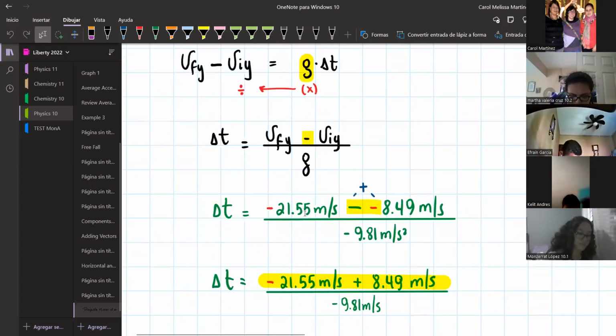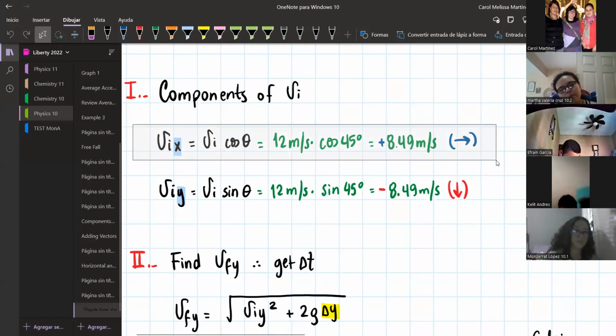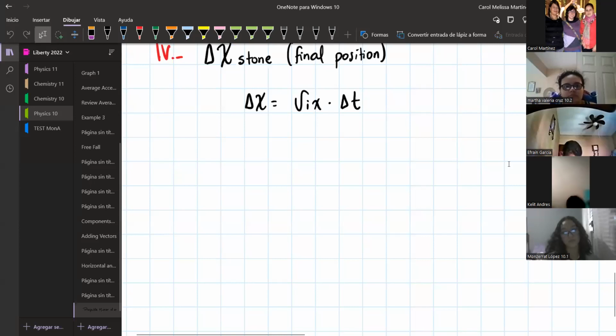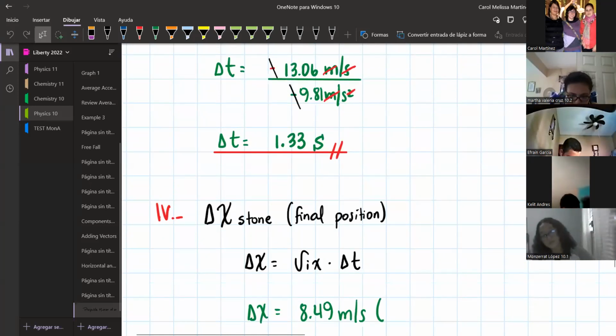The initial velocity in X is the one that we got from step 1. Initial velocity in X is positive 8.49. So we replace it here. Delta X equals initial velocity in X, 8.49 positive meters per second, times the time that we just got in the step before, that is 1.33 seconds.